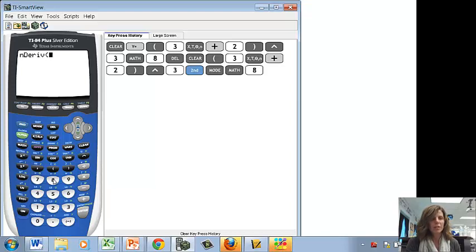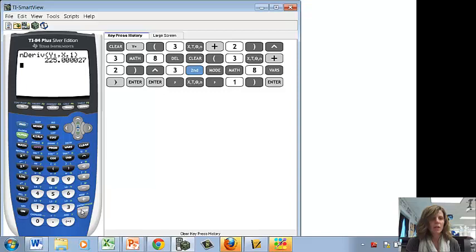I would like it to use the function that I have in y1, so I am going to hit VARS, Y-VARS, Function, pick y1, okay, comma, what do I want it to take with respect to x, and then comma, where do I want to take the derivative at? In this specific example, it was at x equals 1, so I'll type a 1 in there, close my parentheses, and press enter, and you'll notice my derivative is 225. Since it went out 3 places with 0.000, we can just put 225 for our answer.